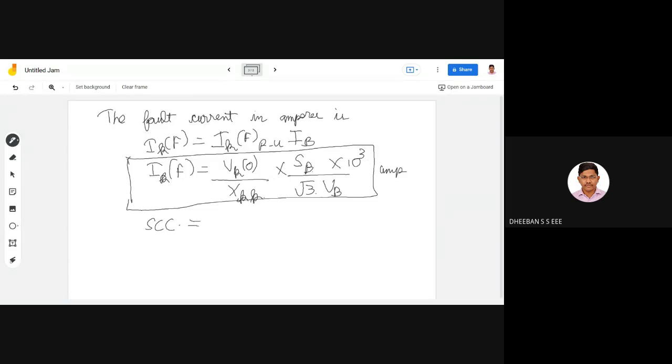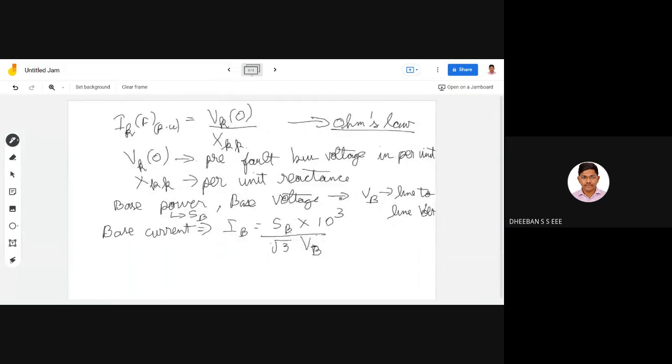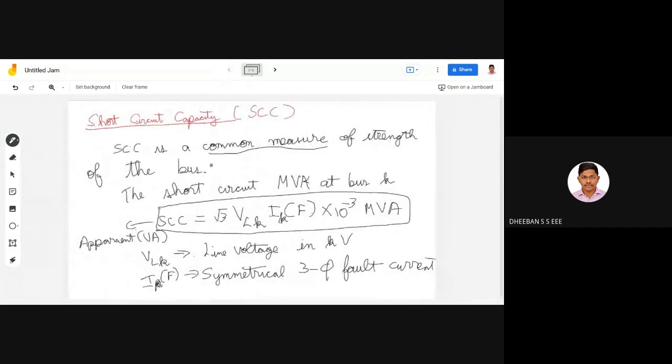We'll be getting the value of, this value remains the same, V_K, that is nothing but your pre-fault voltage, E_K of 0, into S_B, it will be S_KK, followed by, so there was a V_L, right?